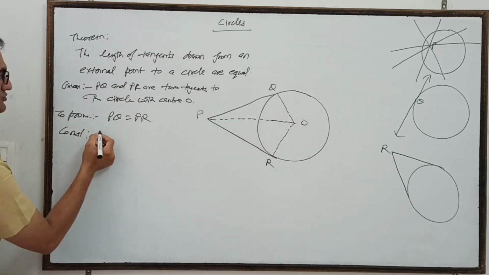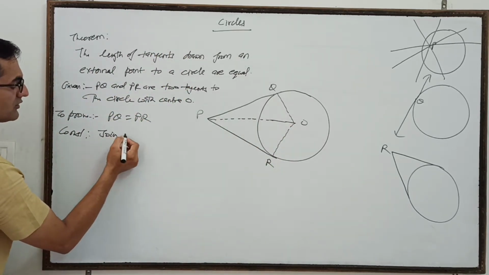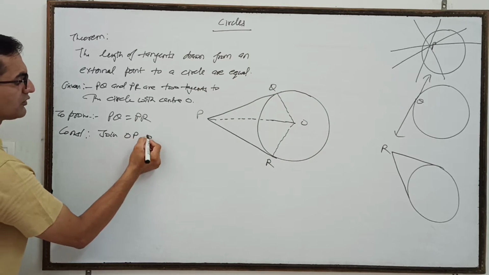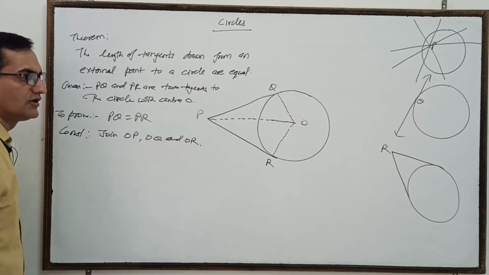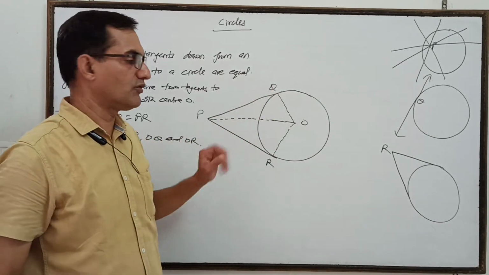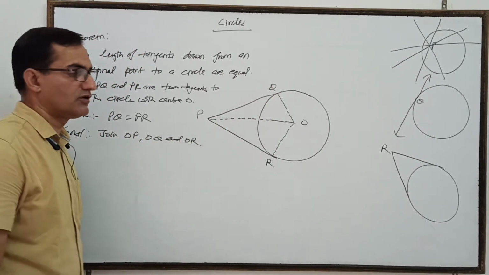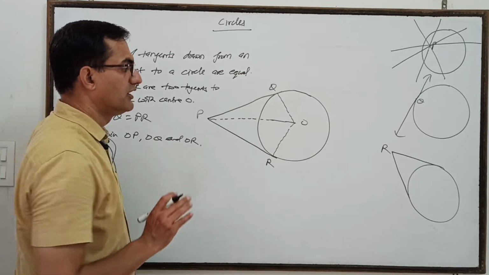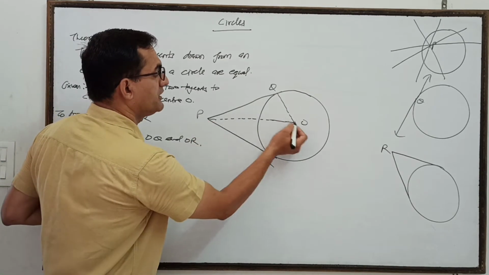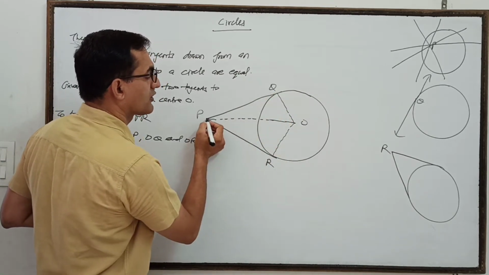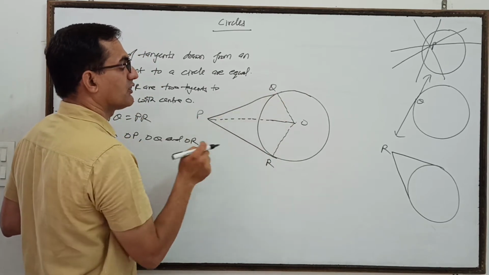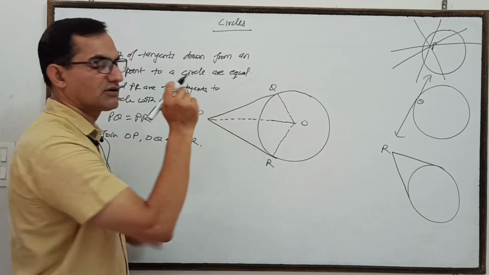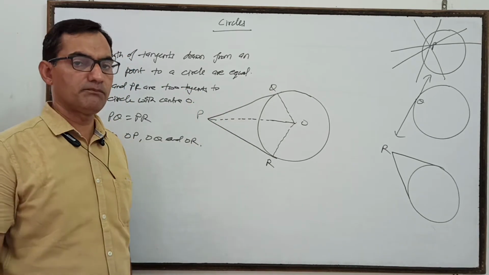Okay? Join OP, OQ and OR. Now, what do we know? If we prove triangle POQ is congruent to triangle POR, then we can say that PQ is equal to PR.